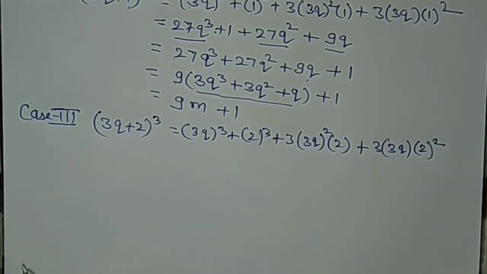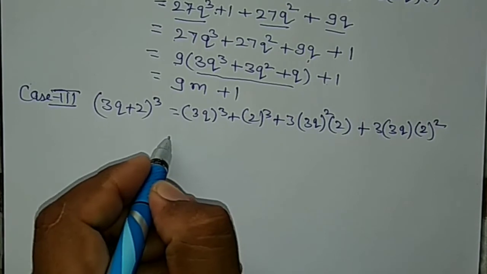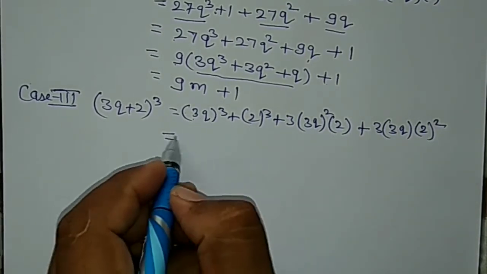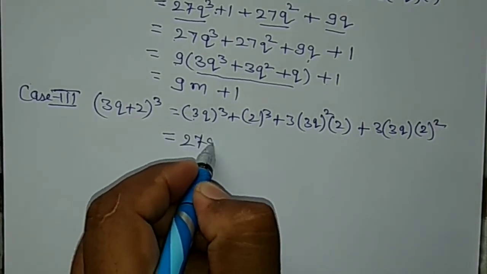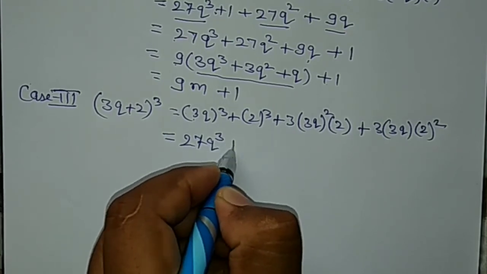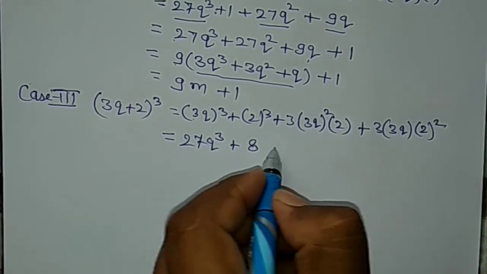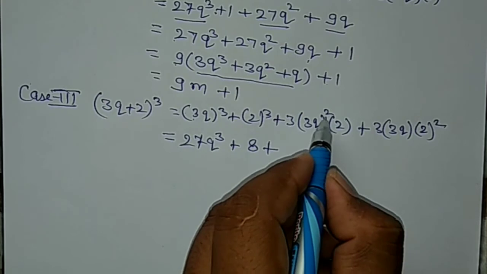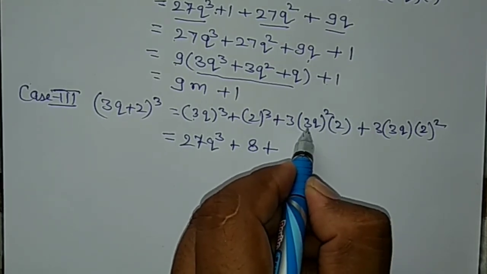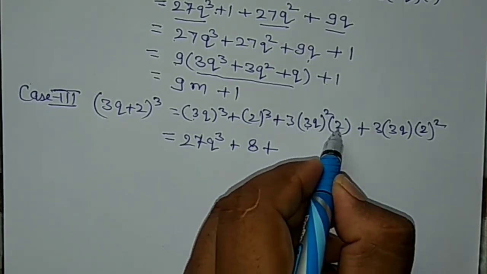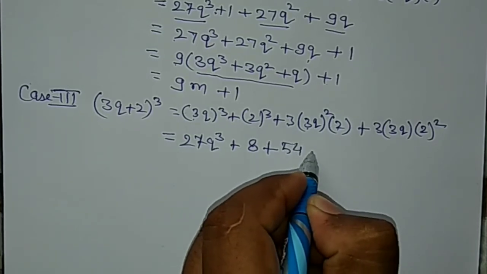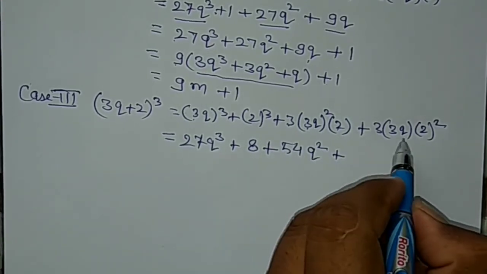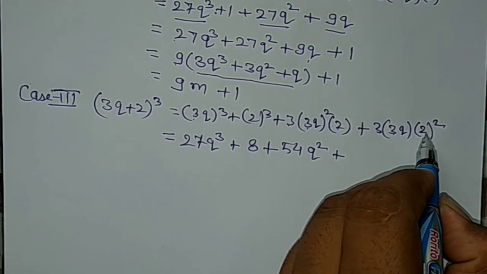Now solve it, that is very easy. 3 times 3 is 9, so 27 q cube plus 8 plus 3 times 3 is 9, times 2 is 54 q square plus 3 times 3 is 9 and 9 times 4 is 36.